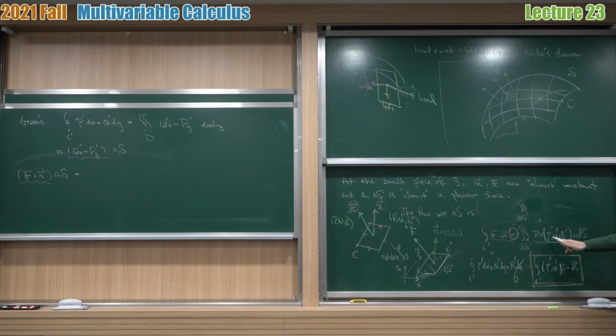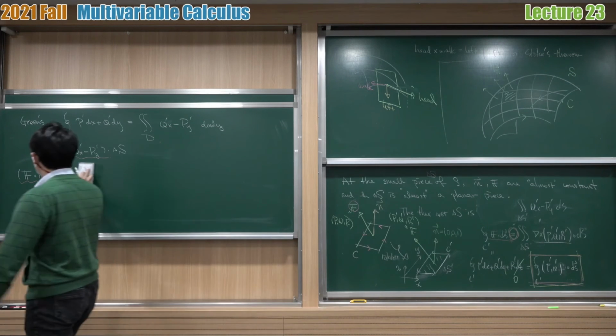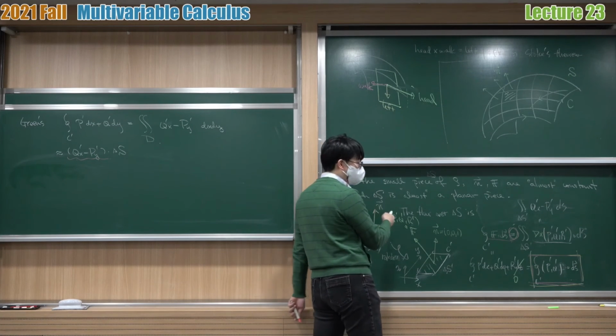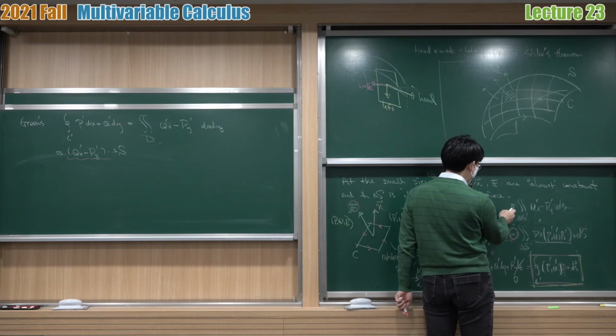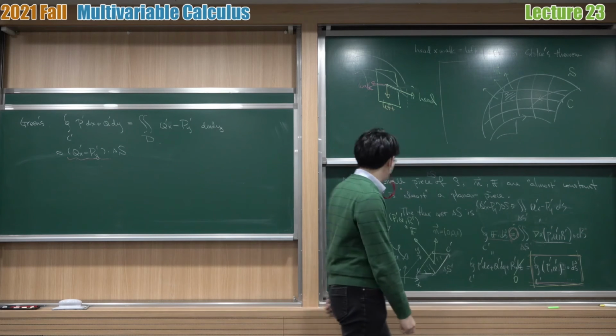The last component is Q prime x minus P prime y, and that is taken over dS, delta S prime, right? So that's the right-hand side. So we are actually done, right? Because we assume that this delta is so small that this is almost equal to Q_x minus P_y prime delta S. Okay? So then we are done.